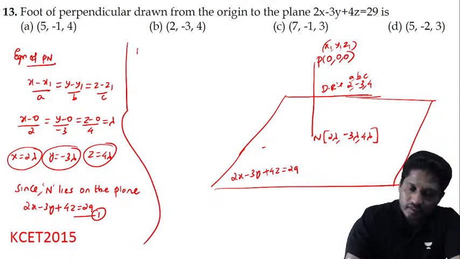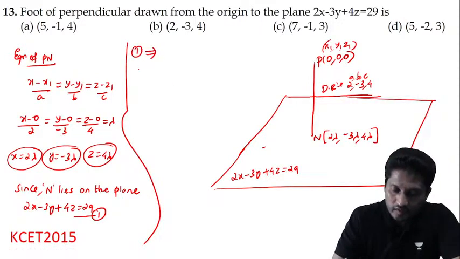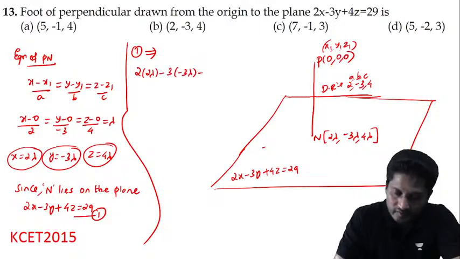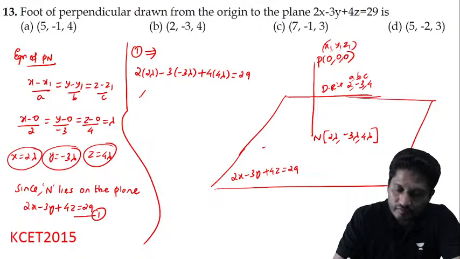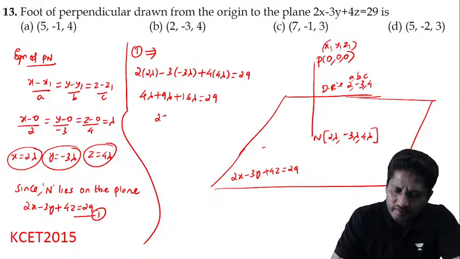Now you substitute in equation 1. Get 2 into 2 lambda minus 3 into minus 3 lambda plus 4 into 4 lambda is equal to 29. Right? So you get 4 lambda plus 9 lambda plus 16 lambda is equal to 29. If you add all this, you get 29 lambda is equal to 29. Lambda should be equal to 1.